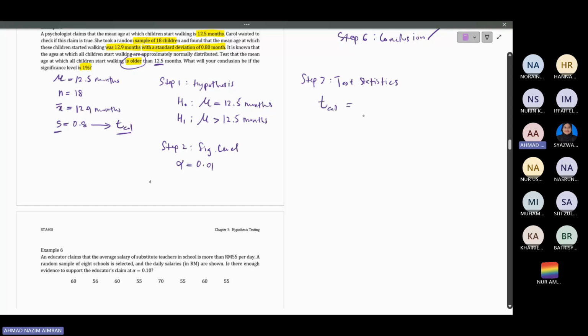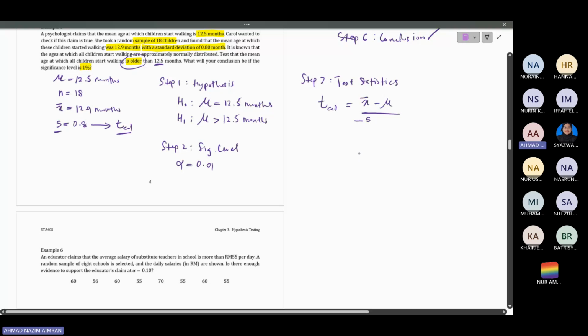From the formula, the T calculated is given by X bar minus mu over, using the standard deviation of the sample, s over square root of n.